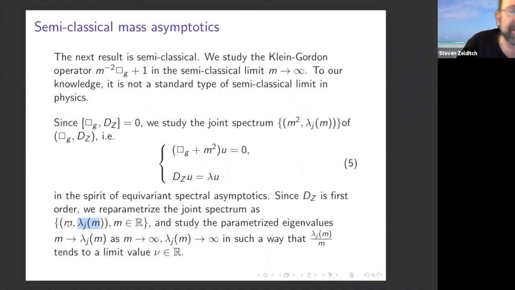So for every m, we have a discrete set of eigenvalues lambda j of m. I think in terms of a two-dimensional lattice, where the vertical is m and the horizontal are the eigenvalues lambda j.